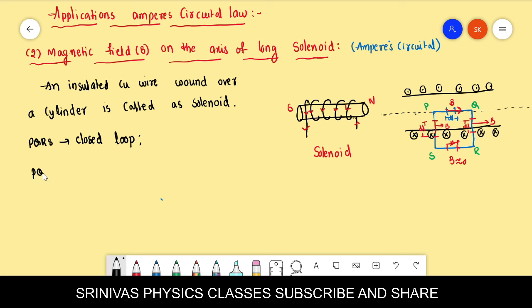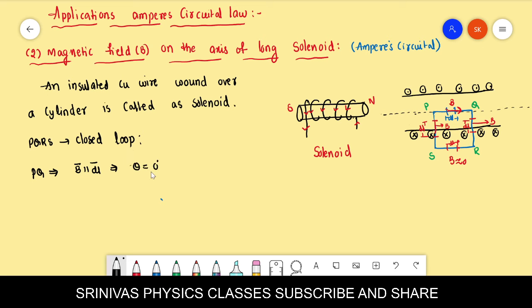In case of the PQ wire, what happens to B dot dl? B bar is parallel to dl bar for PQ. At that moment, what happens to the integration of B bar dot dl bar from P to Q? Angle will become 0.